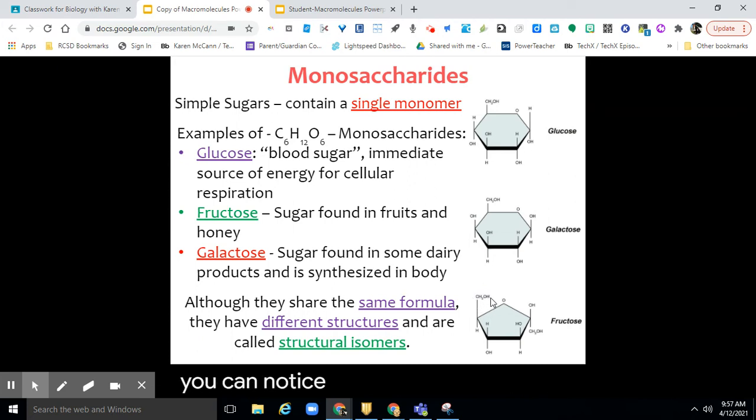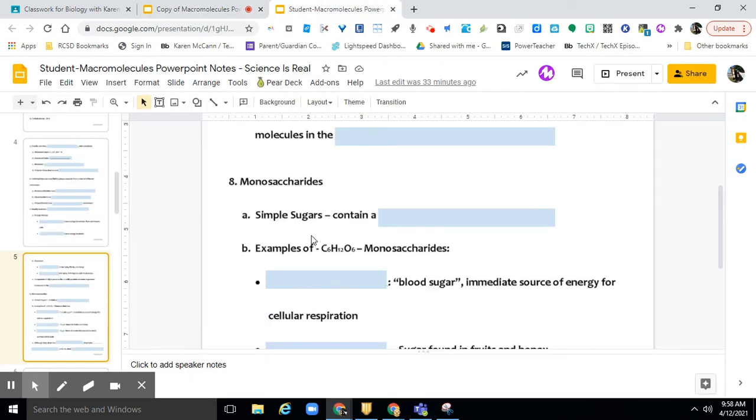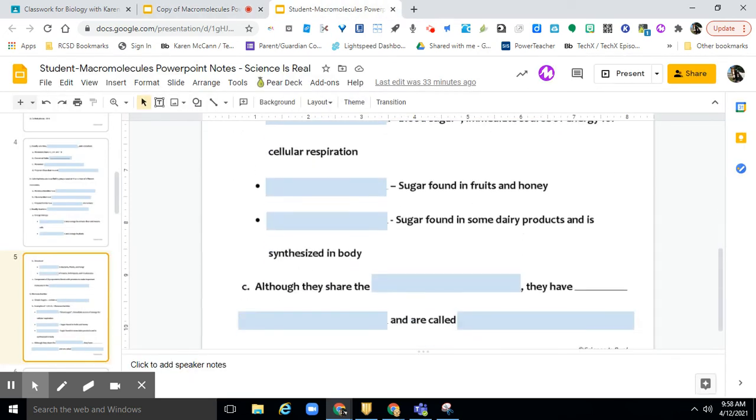If you can notice down here, the CH2OH is actually coming off a different carbon, and notice how it's formulated differently here with the point being up here. They're all slightly different in structure. They're called structural isomers, but I'm not going to quiz you on the word structural isomer. That's more for chemistry. Don't forget to fill this in on your notes under monosaccharides.